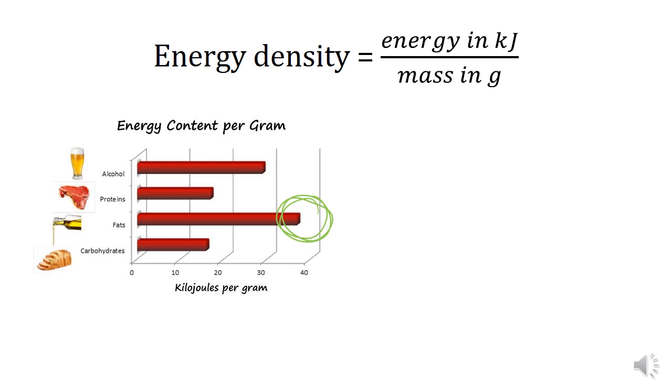Energy densities: imagine if I took a gram each of alcohol, proteins, fats, and carbs and actually burnt them and measured the energy released using calorimetry. The reason we're measuring in grams is because these are mixed substances.